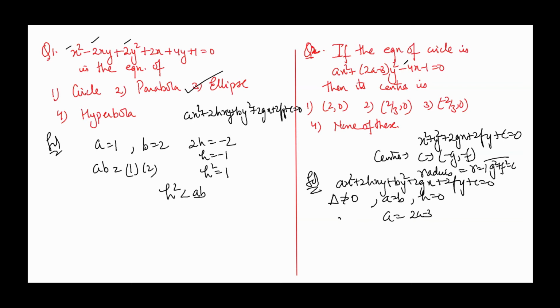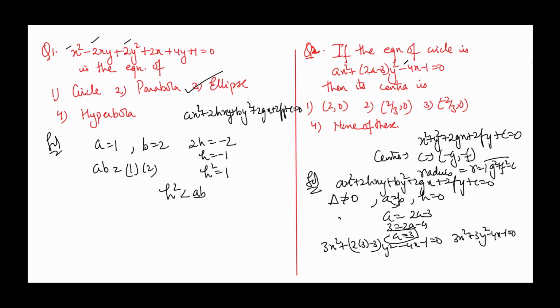After applying this condition, I get a is equal to 2a minus 3, and from here I get a is equal to 3. So a comes out to be 3, and when I put this in my equation, it comes out to be 3x square plus 3y square minus 4x minus 1 equal to 0.